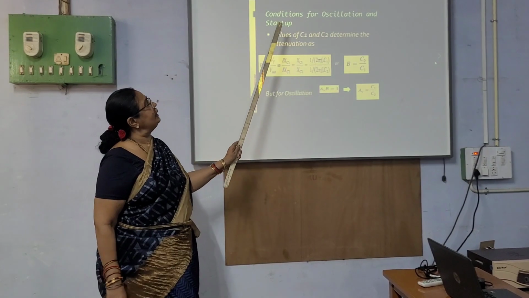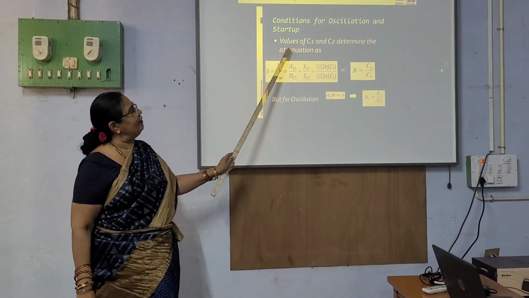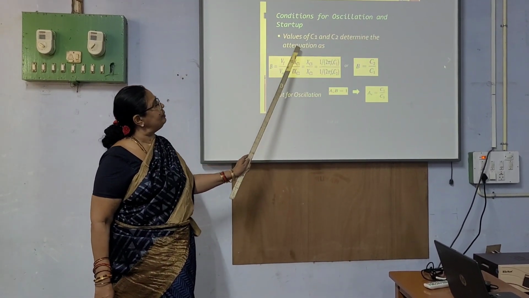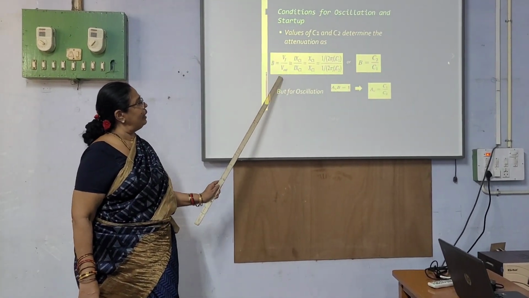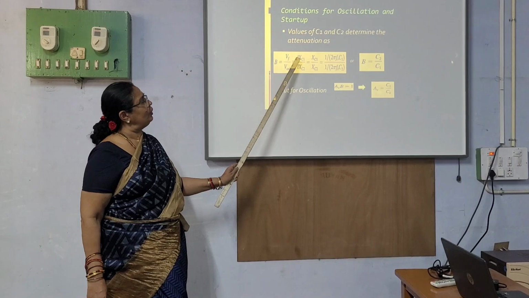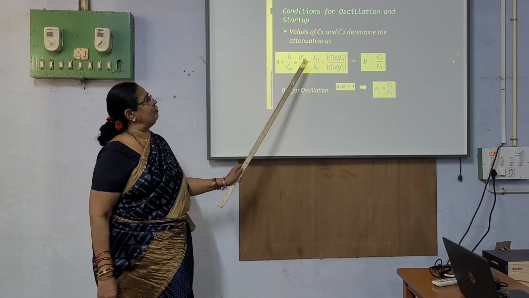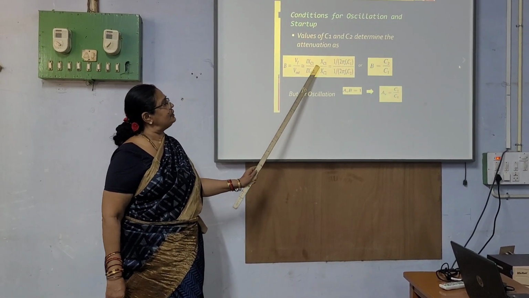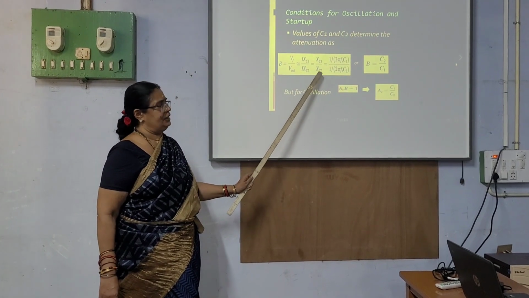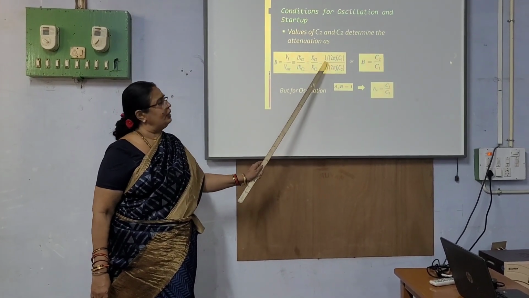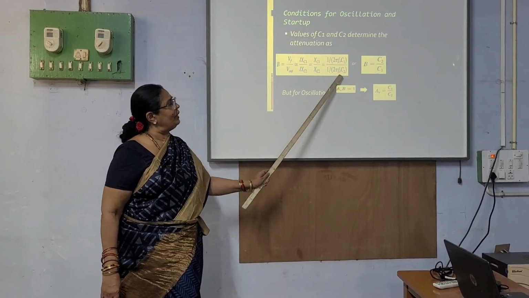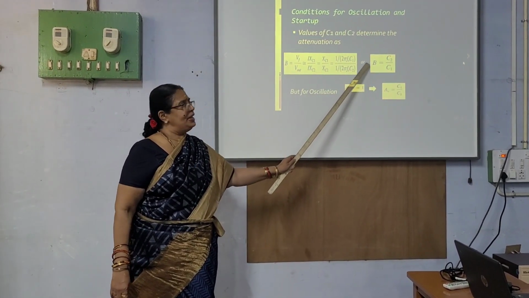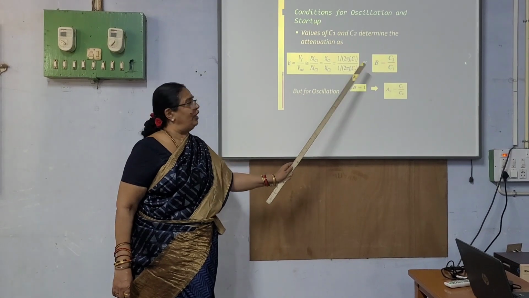Conditions for oscillation and startup: the values of C1 and C2 determine the attenuation as B is equal to Vf by V0, that is very much equal to I Xc1 by I Xc2, that is Xc1 by Xc2, that is equal to 1 by 2π Fr C1 by 1 by 2π Fr C2, or B is equal to C2 by C1.